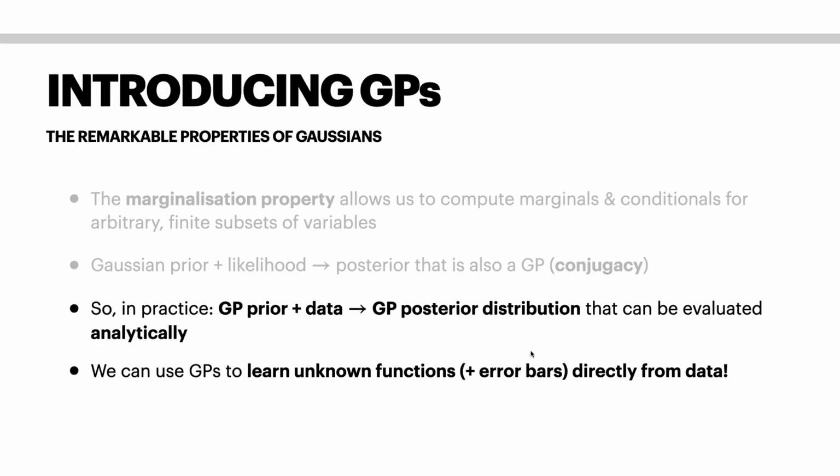In even simpler terms, we can use GPs to learn unknown functions plus error bars on the function directly from data. Best of all, we can reuse all the familiar machinery of inference that we already use for parametric functions like y equals mx plus c. That's pretty amazing. Instead of learning the parameters of a single known function, we can learn unknown functions from data.